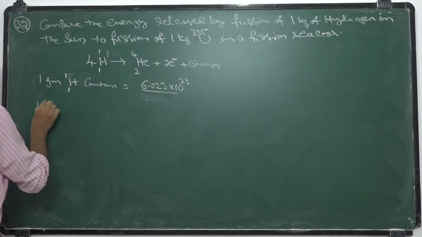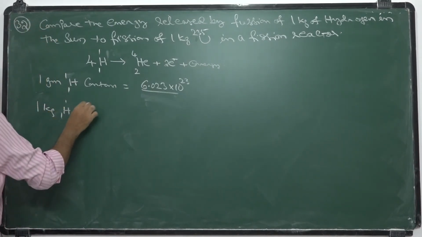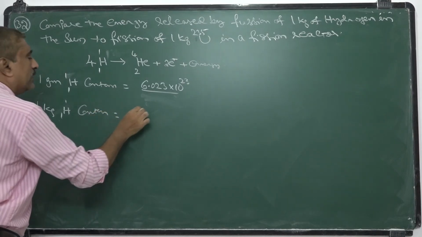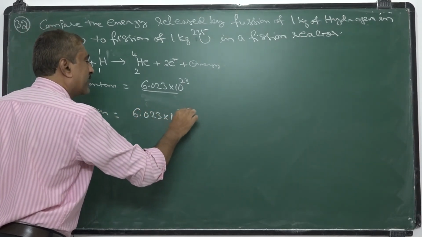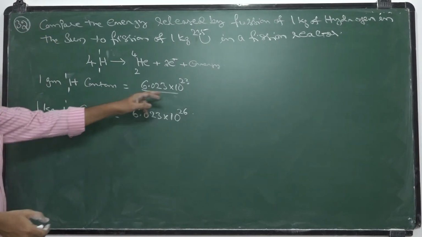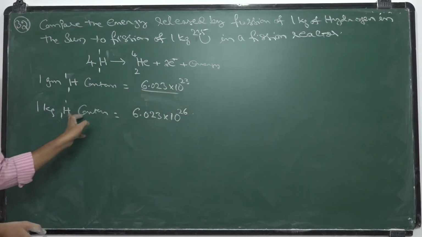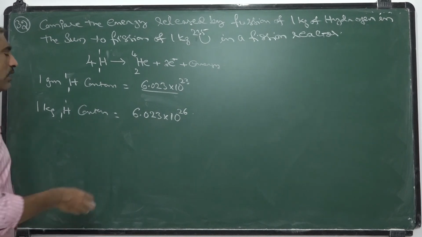So 1 kg of hydrogen contains 6.023 into 10 to the power 26 atoms, because it is multiplied by 1000.